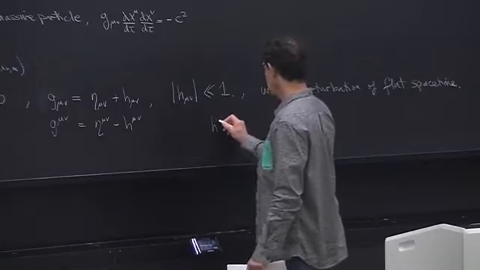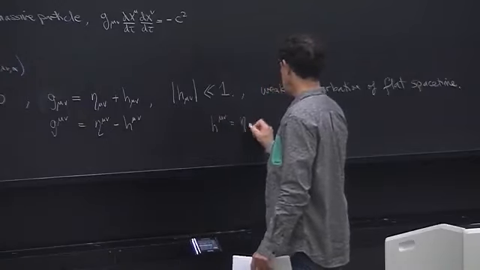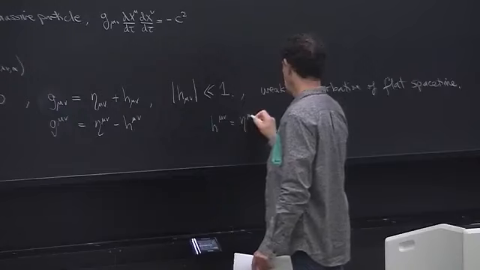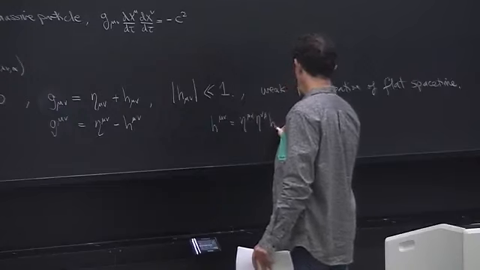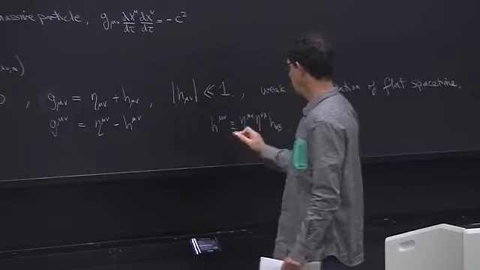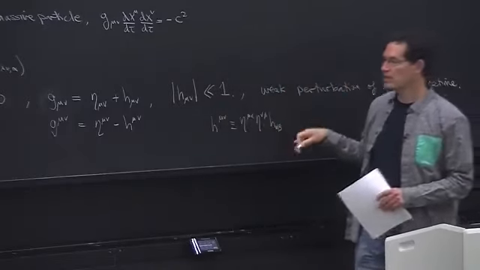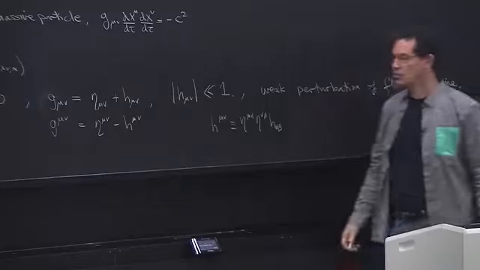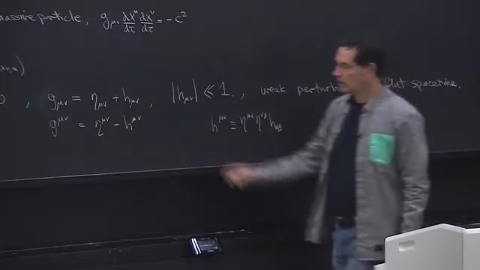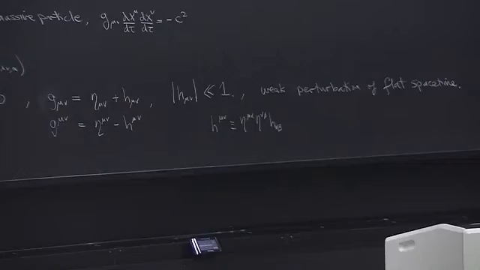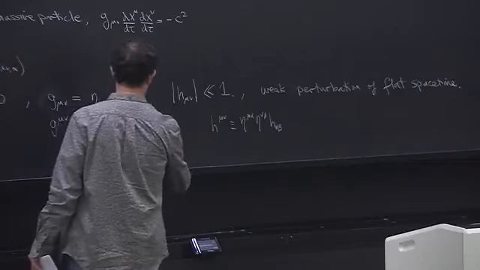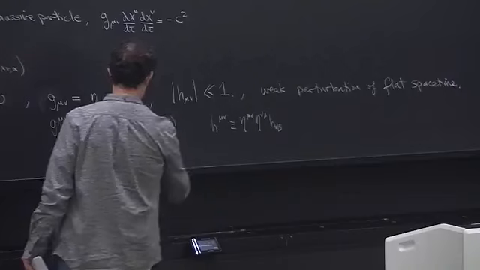It just means h mu nu equals eta mu alpha, eta nu beta, h alpha beta. So I'm just using eta to raise and lower indices on h. And you can check that this is the inverse of that matrix to order h squared.